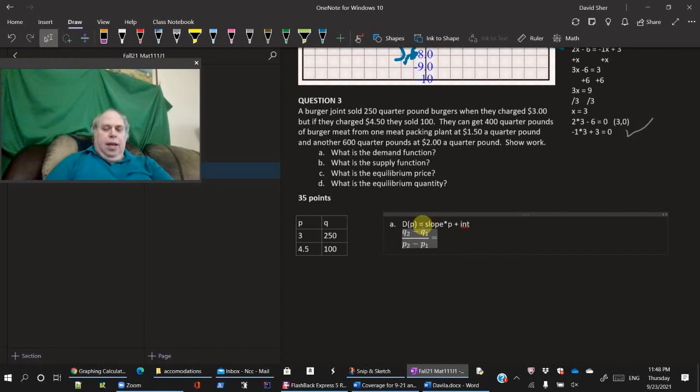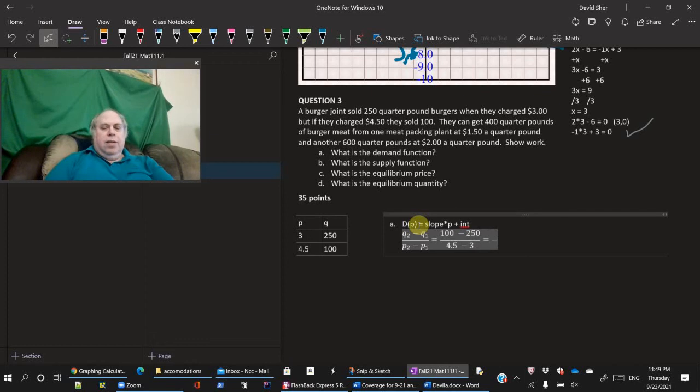We plug in Q2 is 100, Q1 is 250, divided by 4.5 minus 3. This is always going to be a negative number.